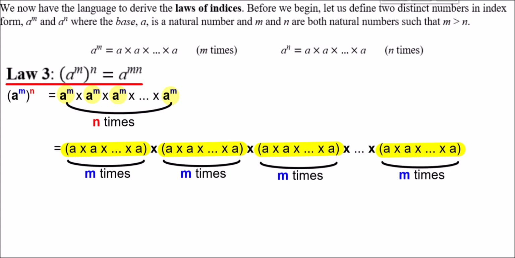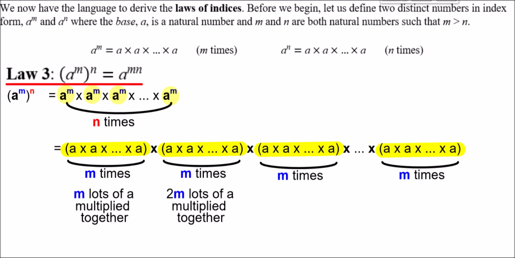Now let's build it up in terms of a cumulative total of how many a's we have. So just thinking of this first grouping here, that's just one lot of m. That's the first lot of m, so it's m lots of a multiplied together. But this m lots plus this m lots, m plus m, we then have 2m lots of a multiplied together. This lot plus this lot plus this lot.